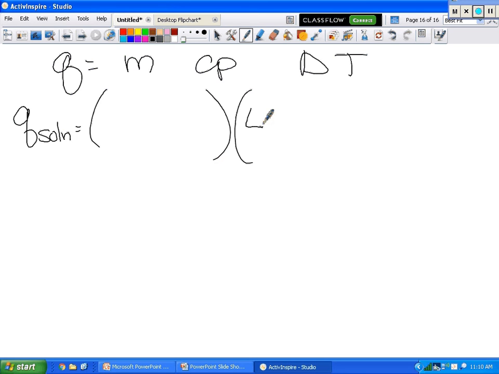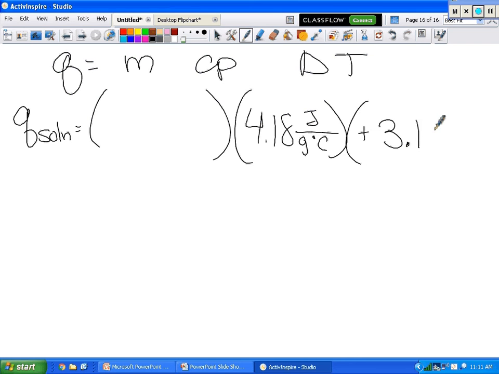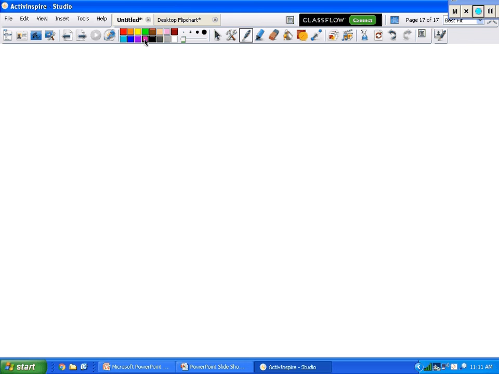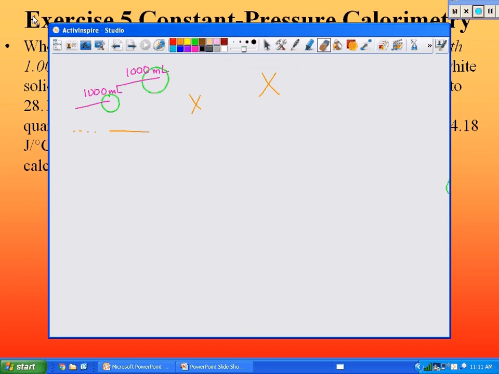Just for time's sake, what was your delta T? Positive 3.1 Celsius, right? Okay, so that's the temperature change. What was your total mass? I don't really want to go through that again. It should be 2,000 grams of solution.